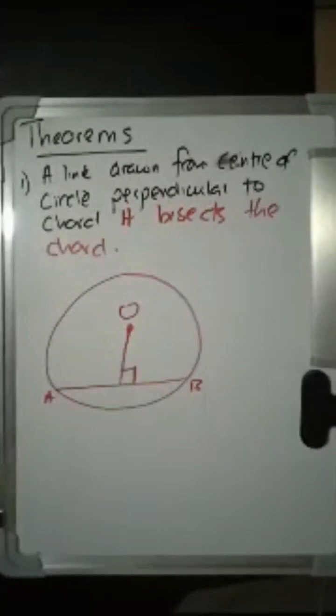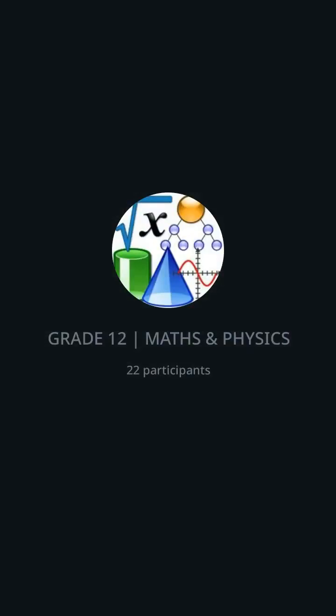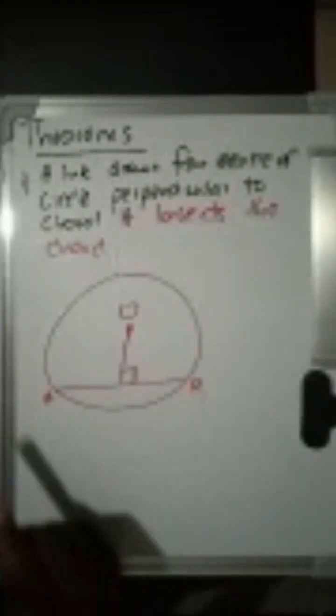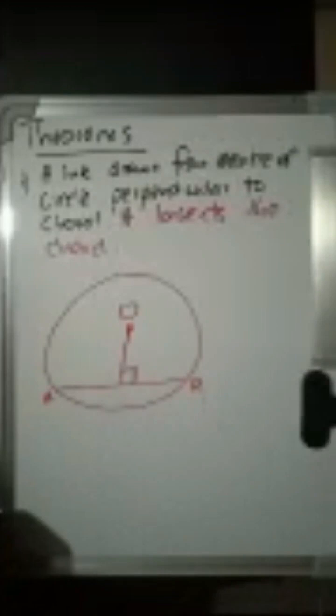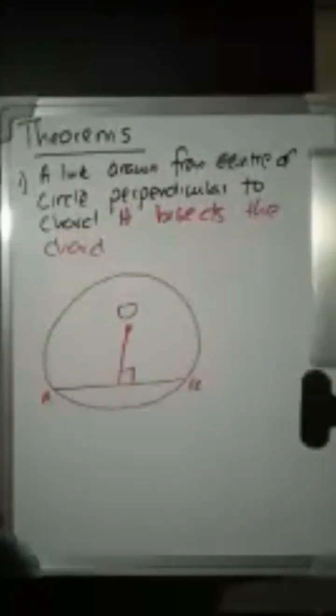So if you are given this situation, what do we know? This is a line that is drawn from the center, and it is perpendicular to the chord. What does it do? It bisects the chord.